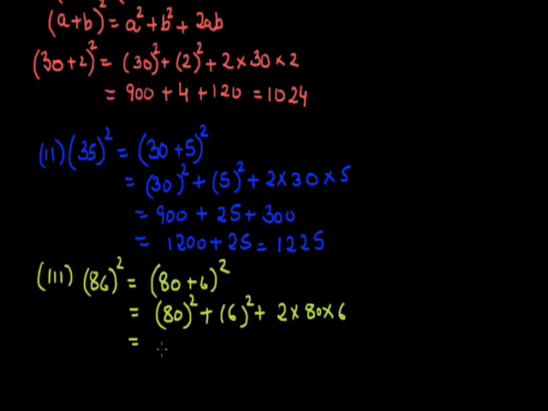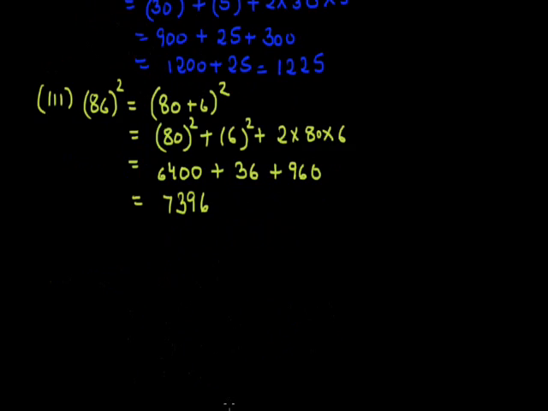So 80 square, that is 6400, plus 6 square, that is 36, plus 2 into 80 into 6, that is 960. And now adding 6400 plus 36 plus 960, that is 7396. So the square of 86 is 7396.